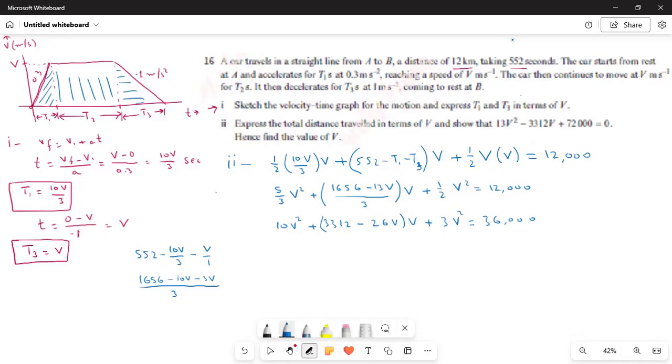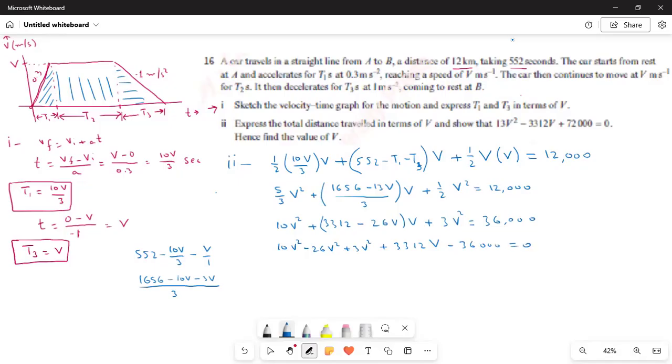So this is 10v squared minus 26v squared plus 3v squared, plus 3312v minus 36,000 equals 0.